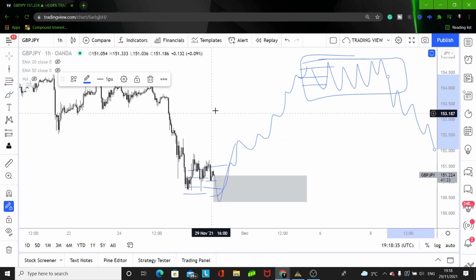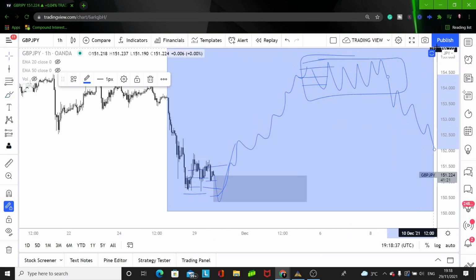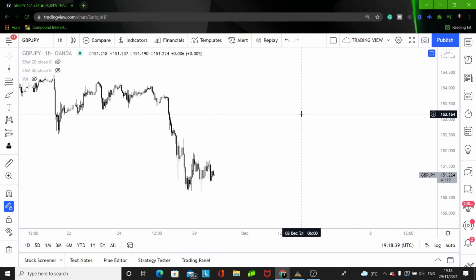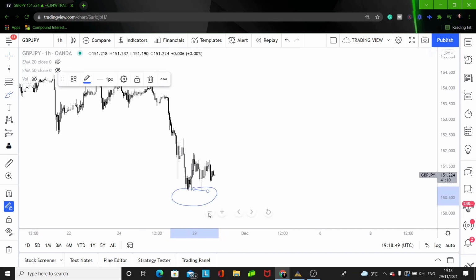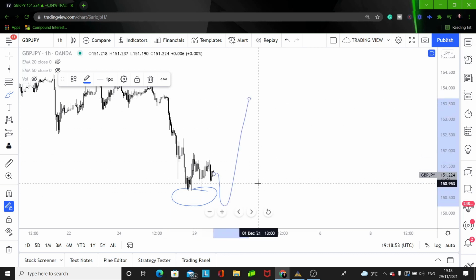So going back to our point, what is the difference between an order block and a supply and demand zone? Well, like I said, an order block is a capture of liquidity. So again, we understand we've got liquidity through there. An order block is a capture of that liquidity in order to buy.